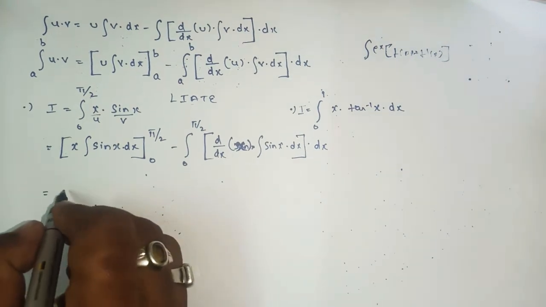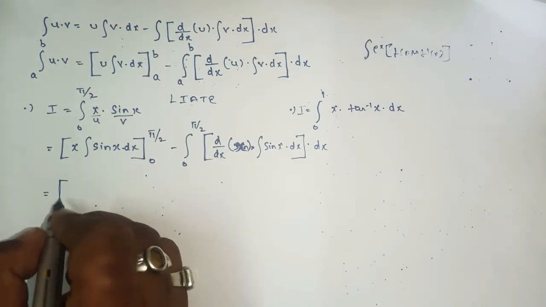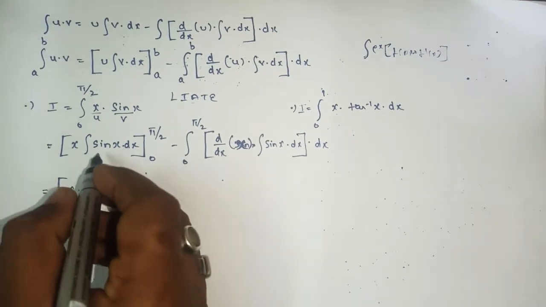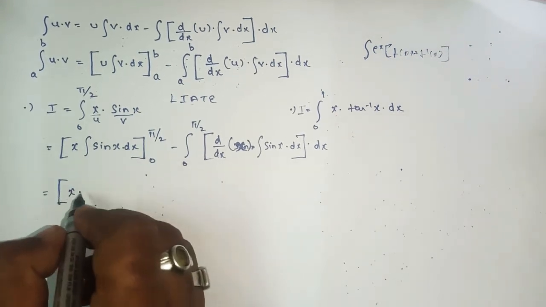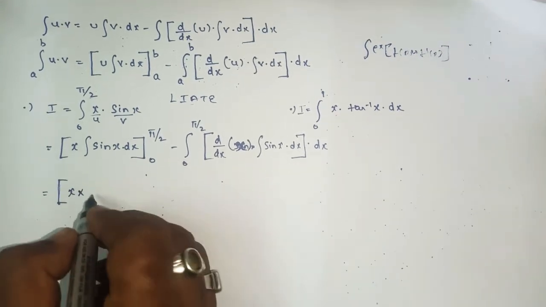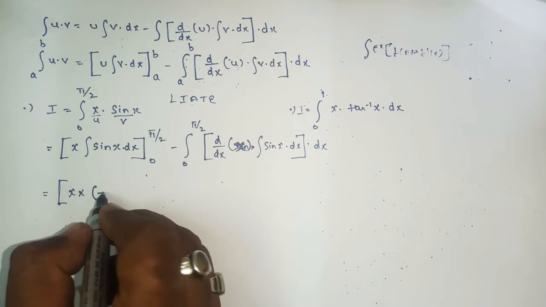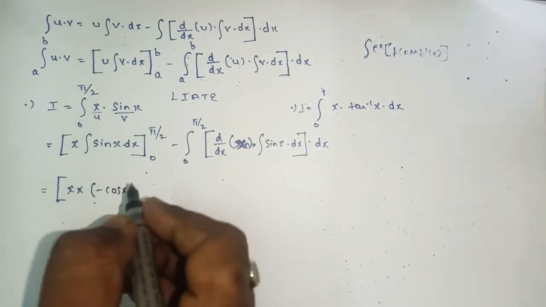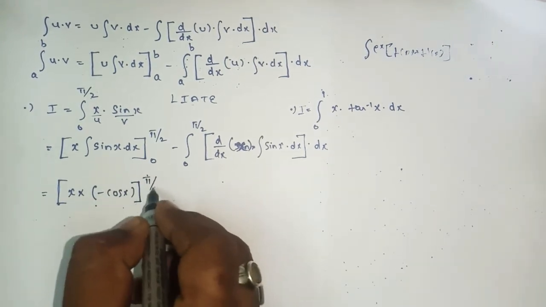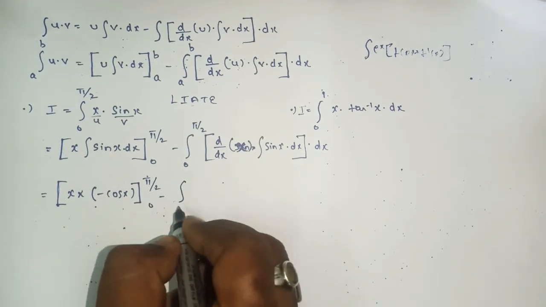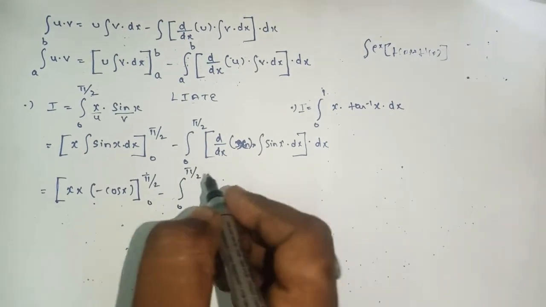After this we know the integration of sine is minus cos, yes or no? So you will write minus cos x, with limits 0 to pi by 2.